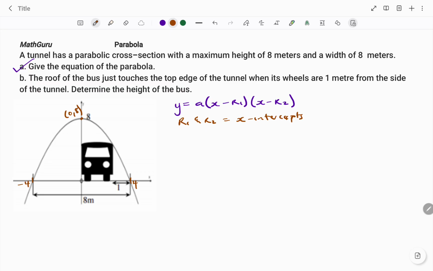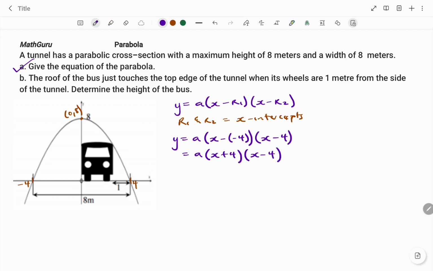So in this case, I know my r1 to be -4 as shown, and then my r2 to be +4. So I'm going to replace that in my equation. That's y equals a (x minus -4) multiplying (x minus 4). That will be a(x + 4)(x - 4).